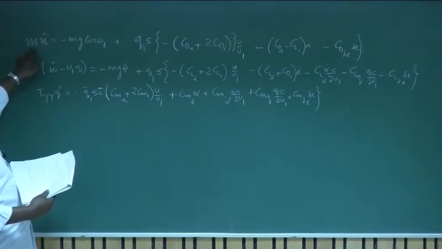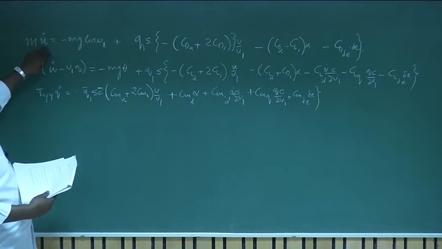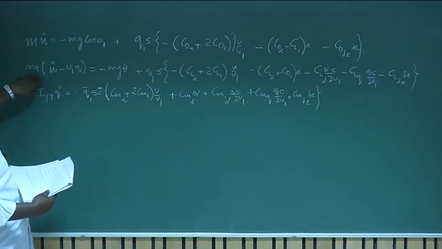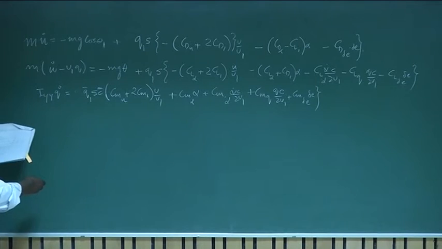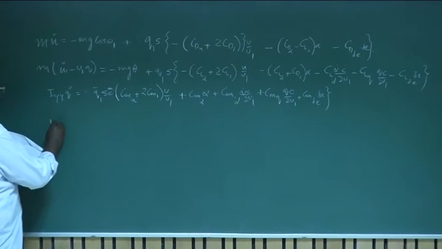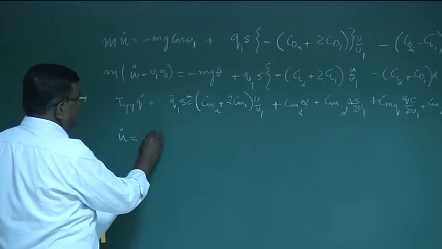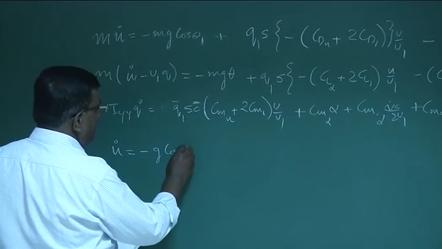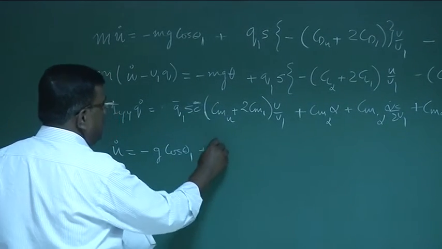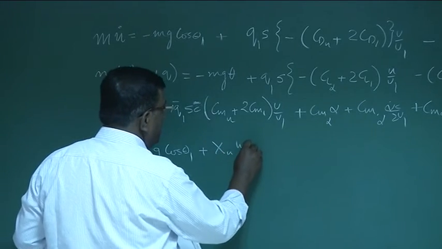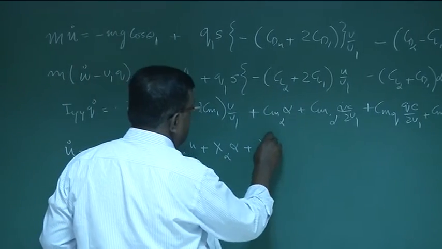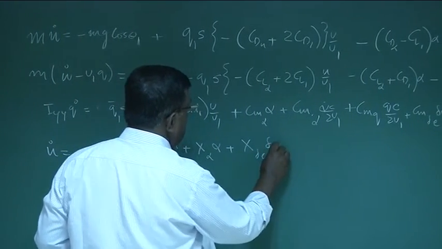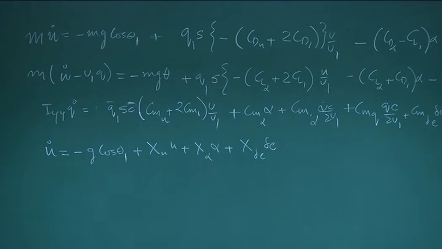And then we did a little bit of algebraic adjustment. We divided each term by m, so I have got u dot here, I divided each term by m, I got w dot here, and each term by Iyy. And then we wrote this equation as u dot equals minus g cos theta 1 plus Xu into u plus X alpha into alpha plus X delta e into delta e, and Xu, X alpha, X delta e we define as dimensional derivatives.